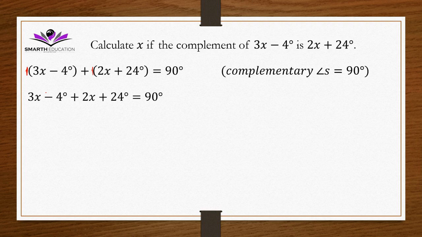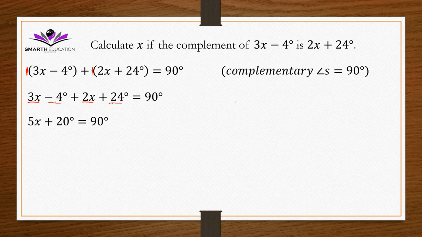These are like terms, so we can add or subtract them. 3x plus 2x is 5x. Negative 4 degrees plus 24 degrees is 20 degrees. So we have 5x plus 20 equal to 90 degrees.